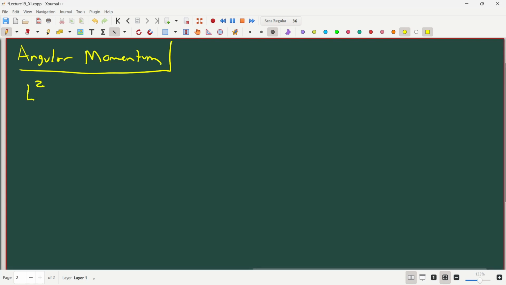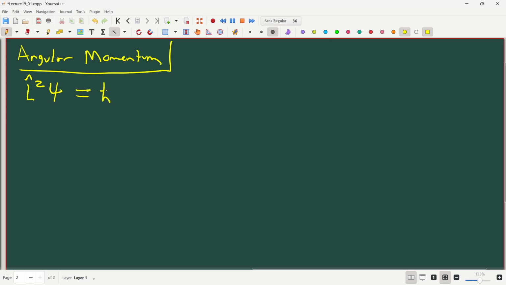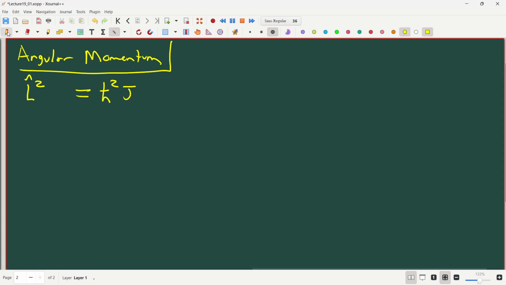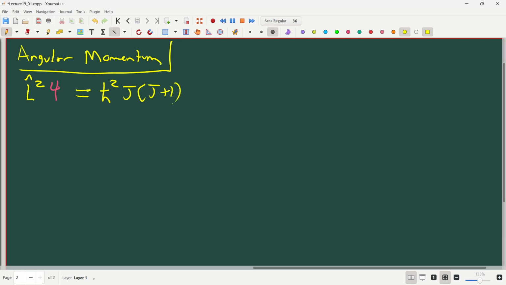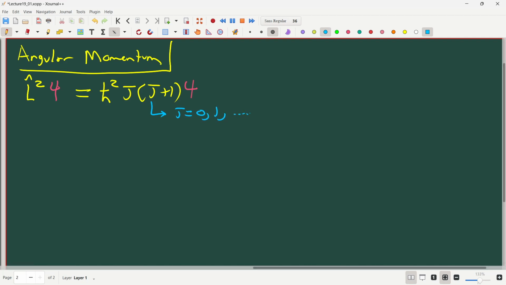L squared applied to our wave functions for angles gives us h bar squared j(j plus 1), where j can be any number 0, 1, and so on. Angular momentum gives you these eigenvalues.